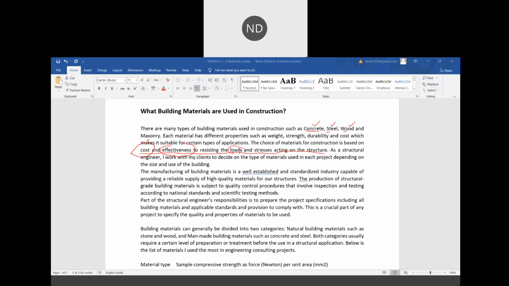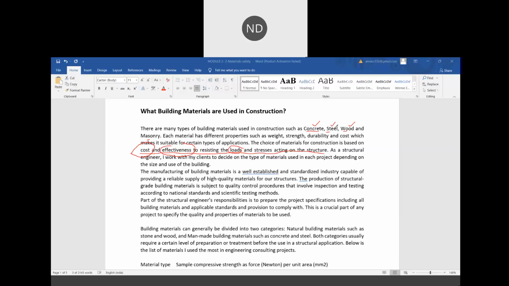Suppose you are making a structure which needs to carry a greater amount of loads. In that case, obviously you will use steel and concrete.